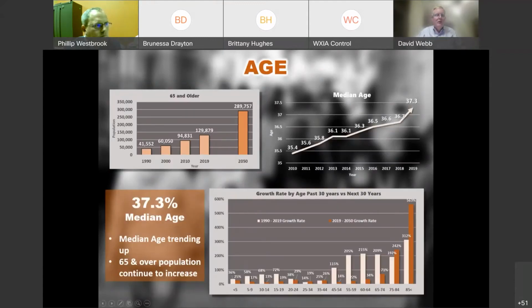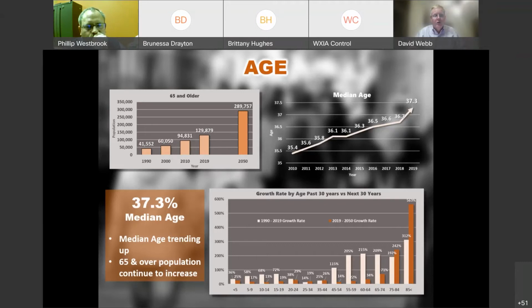The median age of the county right now is 37.3. Our median ages are trending up. You can see the chart at the lower right that our percentage of population above the age of 45 continues to grow and has really shot up in the past 10 years. 65 and over population continues to grow at an even faster rate.